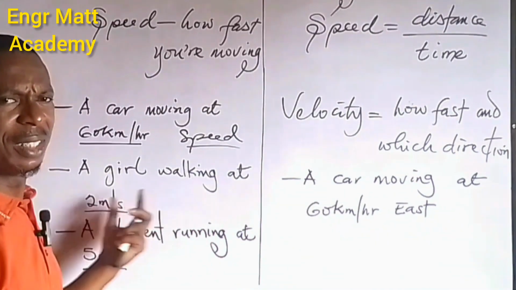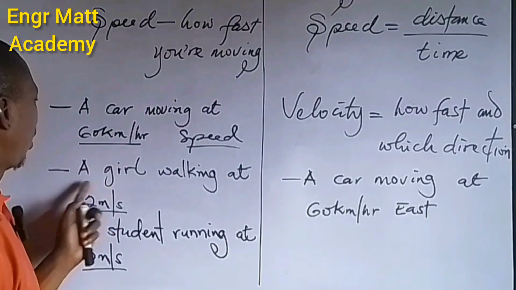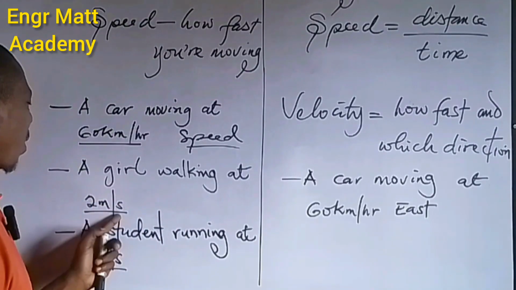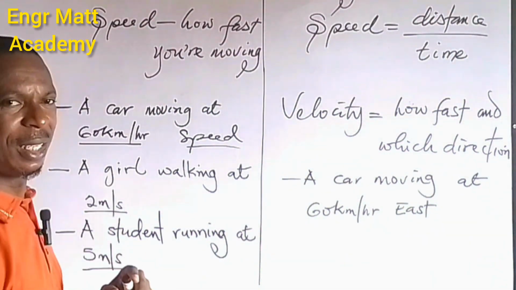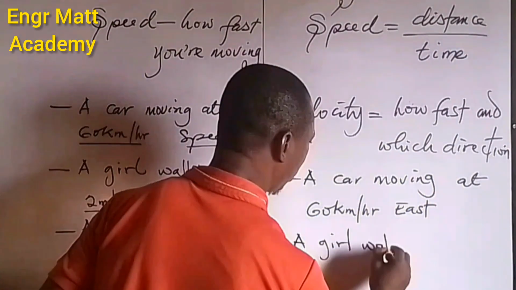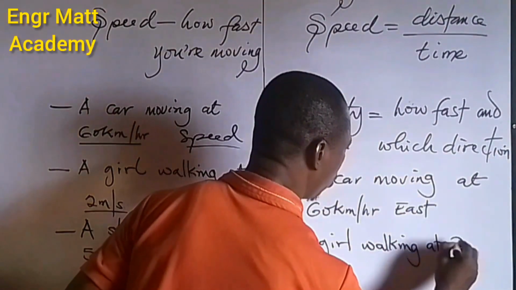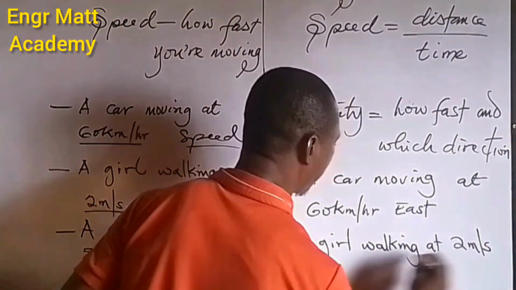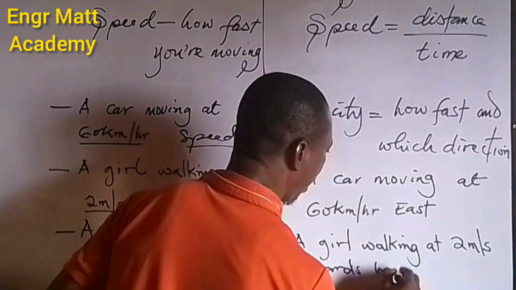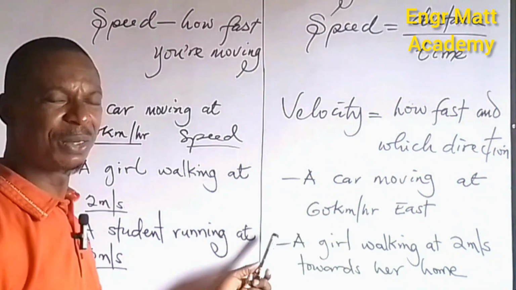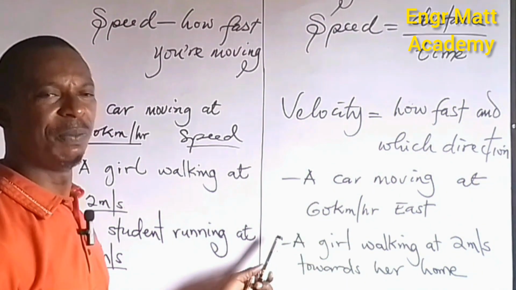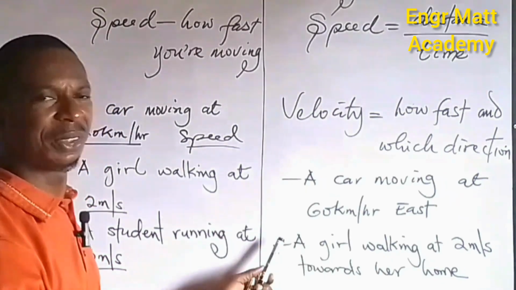What about the second example? A girl walking at 2 meters per second has no velocity. But if we say a girl walking at 2 meters per second towards her home, now we are talking about velocity, because we can see the direction.